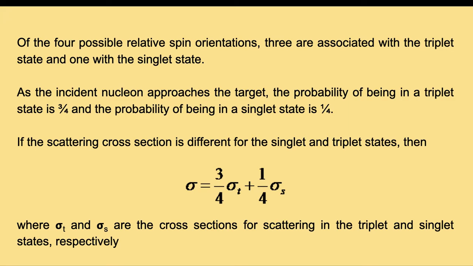This is based on our last class experience, where we showed that the triplet state cross section does not match our experimental values, so we have to correct it. There we used the concept that there may be a spin dependence. Here sigma t and sigma s are the cross sections for scattering in the triplet and singlet states respectively.